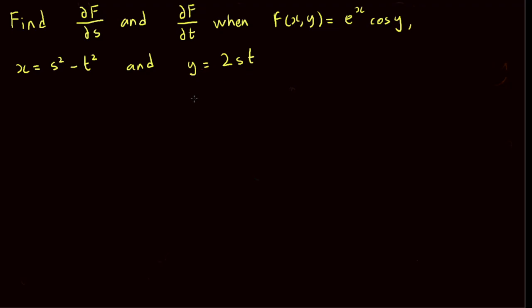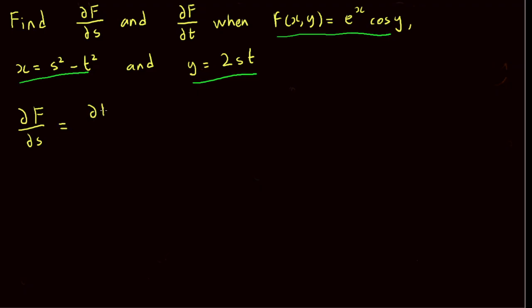Right, so they want us to find del f over del s and del f over del t when we are given a function f of x y, where x is s square minus t square and y is 2st. Alright, how do we do this? First of all, it's straightforward. Just remember for del f over del s, we just use chain rule.